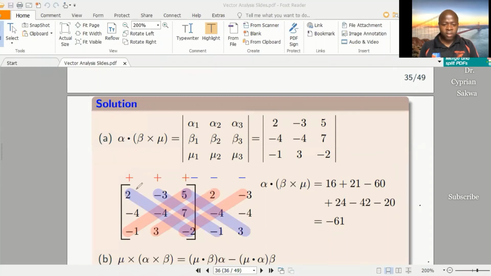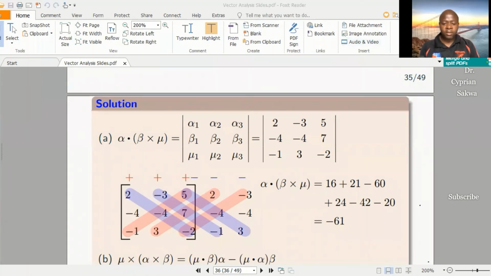I took this matrix, put it here, and put the first two columns down. Multiplying along these diagonals and adding the results, then multiplying along the other diagonals in red and subtracting the result, this is what I got: negative 61. You can go through the multiplication, this is just 16, this is just 21, and so on. The multiplications are here, so you can try that later.